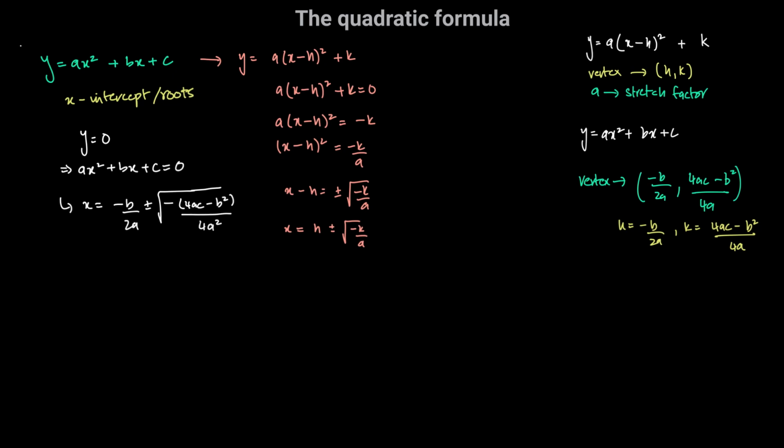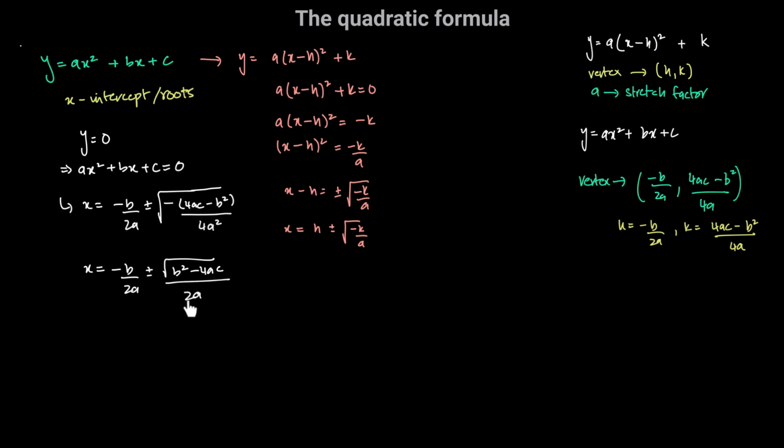And if we simplify this expression that we have underneath the square root sign, what we get is x is equal to minus b divided by 2a plus or minus the square root of b squared minus 4ac divided by 2a. Here, negative 4ac minus b squared is simply b squared minus 4ac, and that's under the square root.